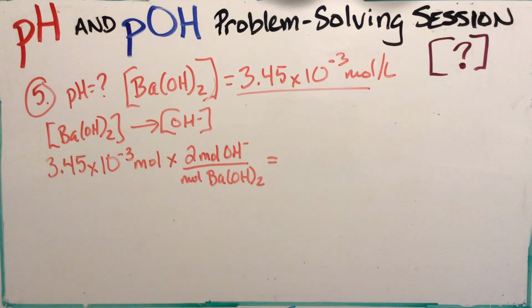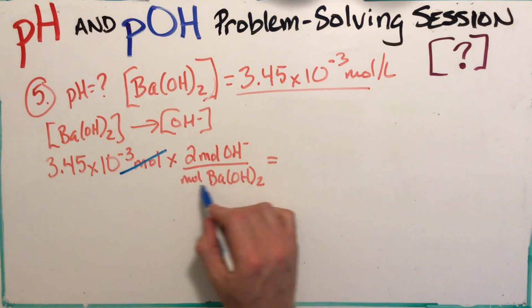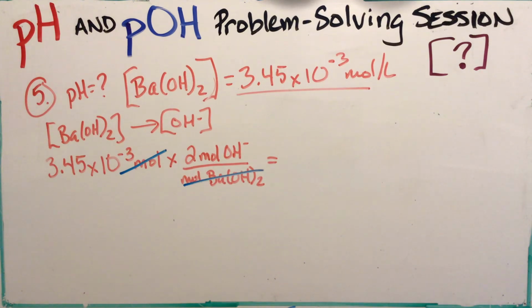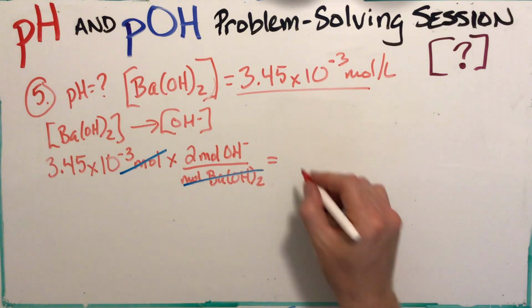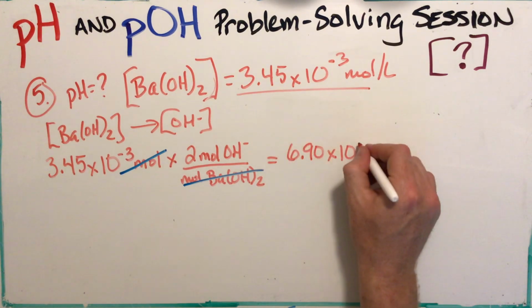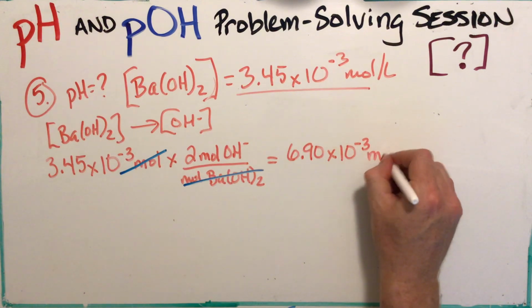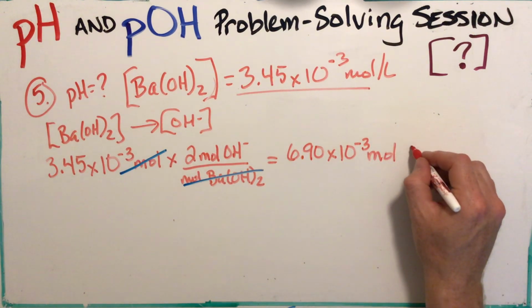All right? And what ends up happening is there's a cancellation. This is moles of Ba(OH)2, this is moles of Ba(OH)2, and I'll be left with moles of hydroxide. So that ends up being 6.90 times 10 to the negative 3 moles of the hydroxide this time.